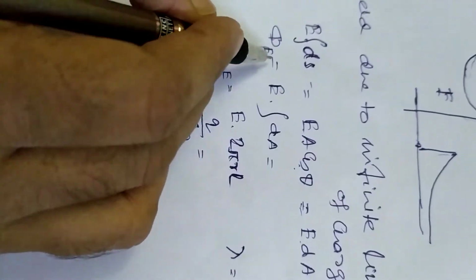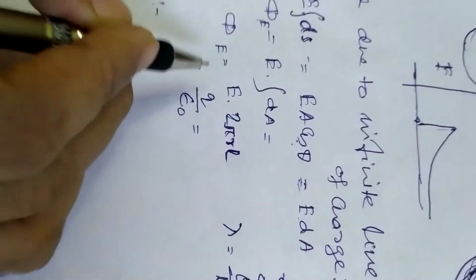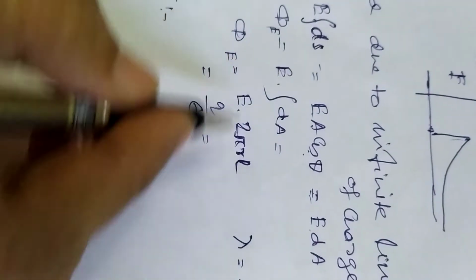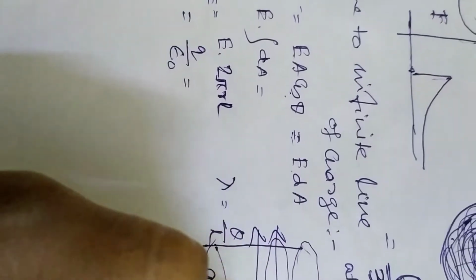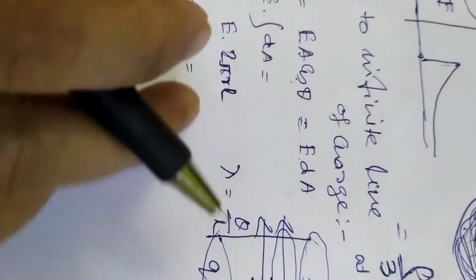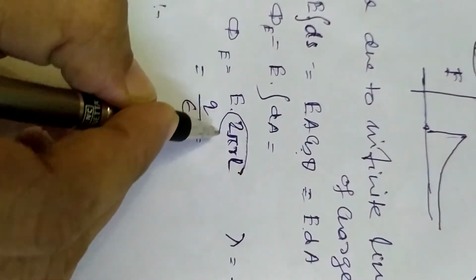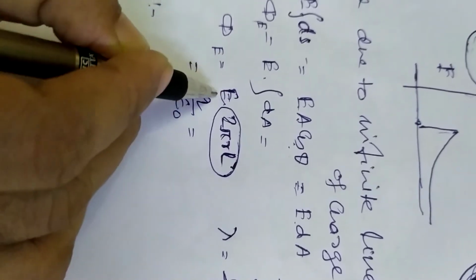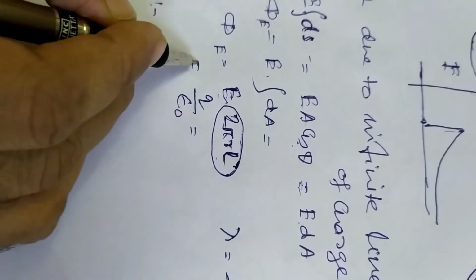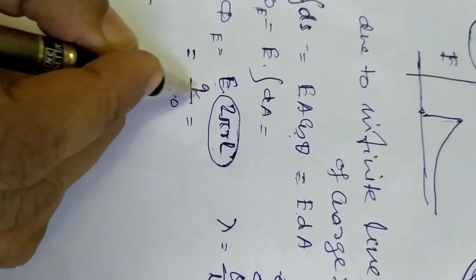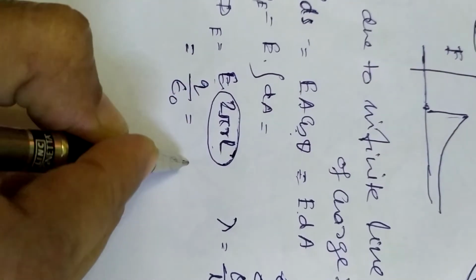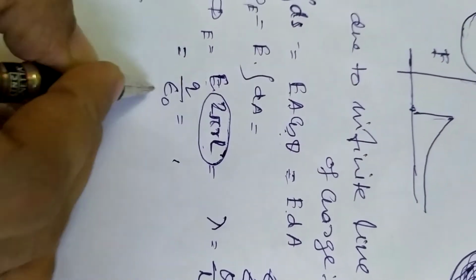So epsilon will be E integration of dA, and then we'll be writing that A is 2 pi r into L. L is the length, so surface area is 2 pi rL, so we are multiplying E into 2 pi rL, and ultimately we are getting Q over epsilon.